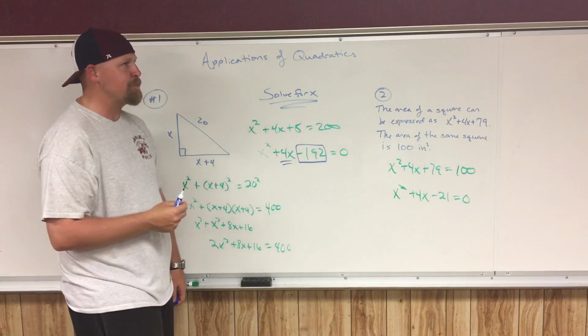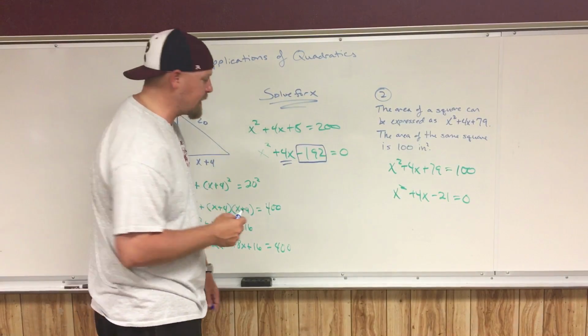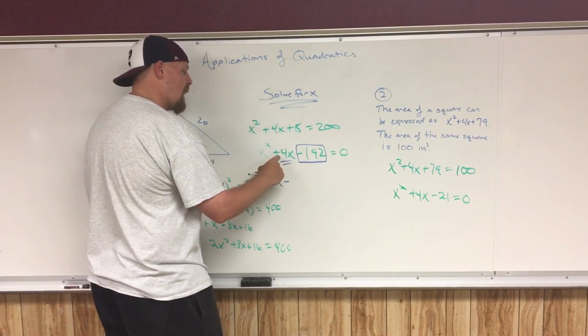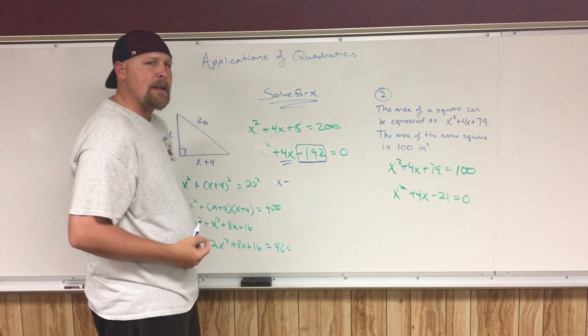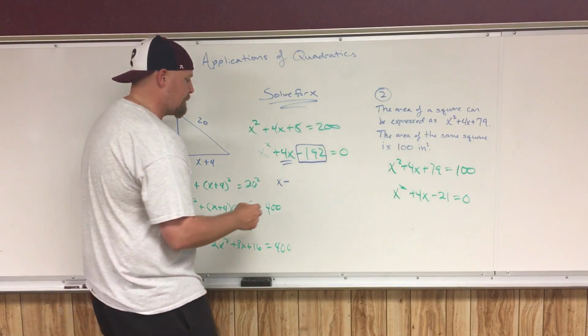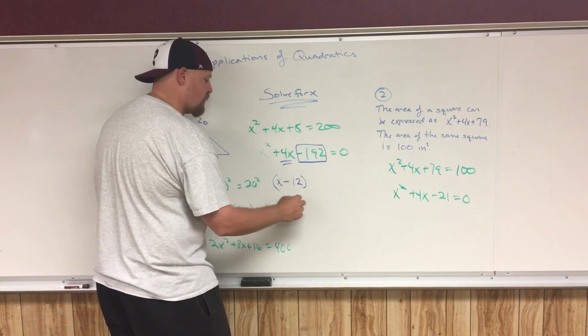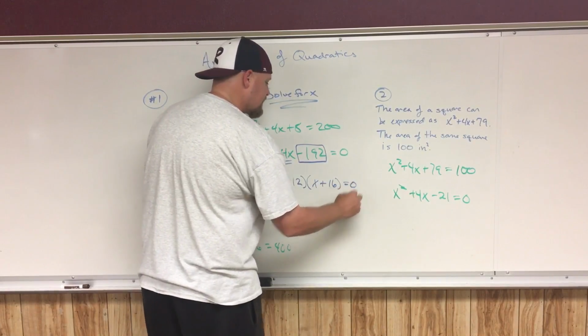I'm fairly certain that 12 and 16, when you multiply them, you get 192. So what you got here is x minus, whichever the sign is, the bigger factor takes that sign. So 16 and 12, that means 12 is going to be the negative one, 16 is going to be the positive one, and those equal 0.